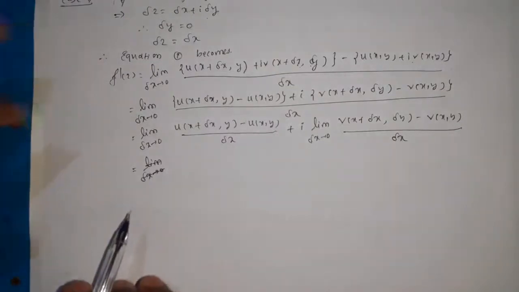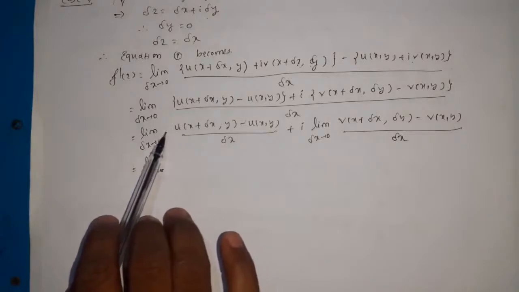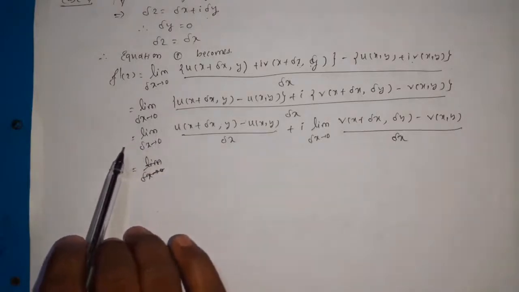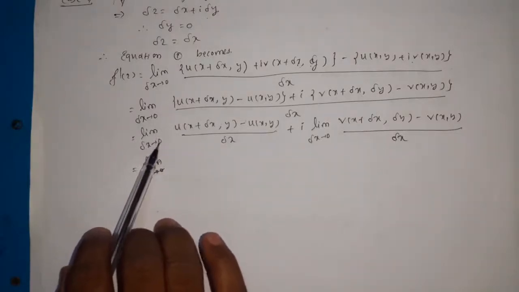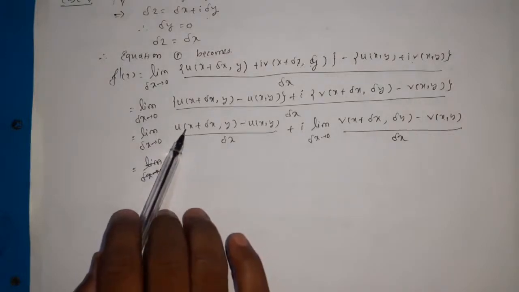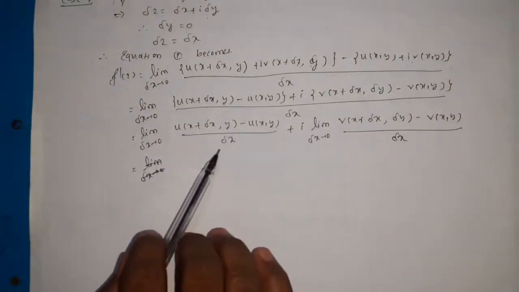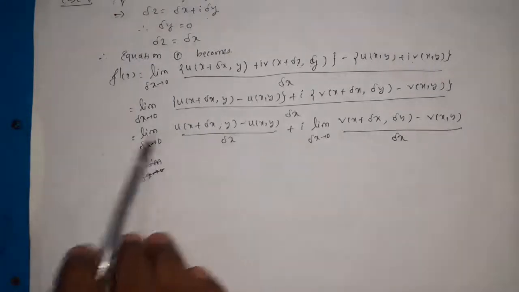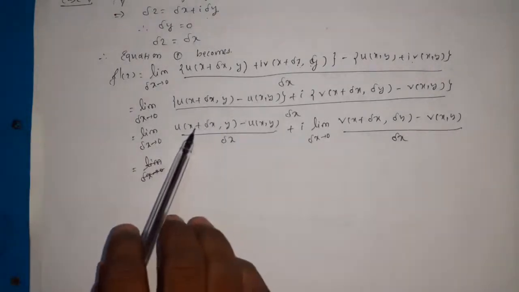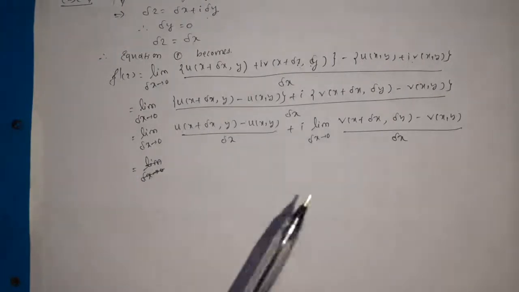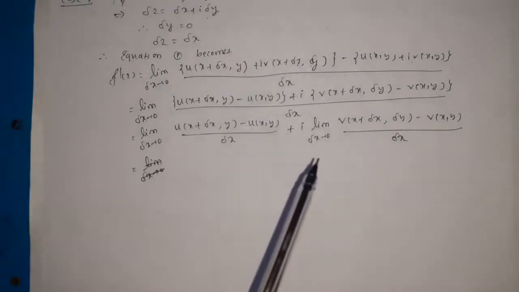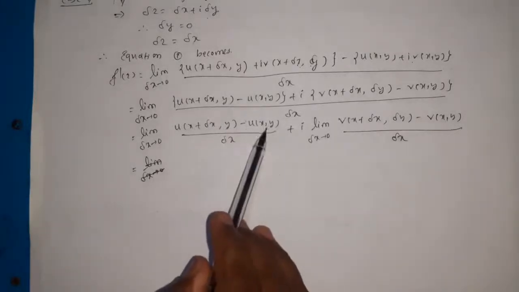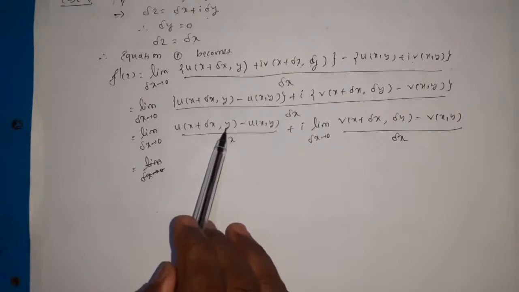So by using the definition of f dash of x, in the definition of f dash of x, what we have, limit as h tends to 0, f of x plus h minus f of x divided by h. But here it is a function of two variables and there is increment only in x, means only x is changing, means we are differentiating only with respect to x, because y is not changed, means we have not differentiated y.